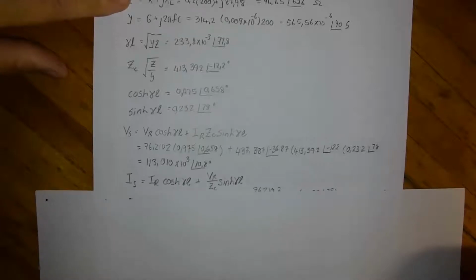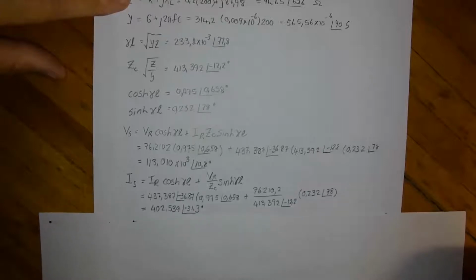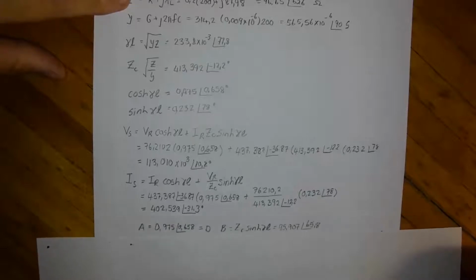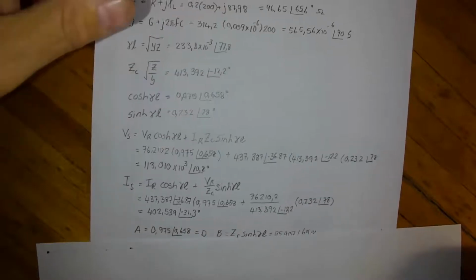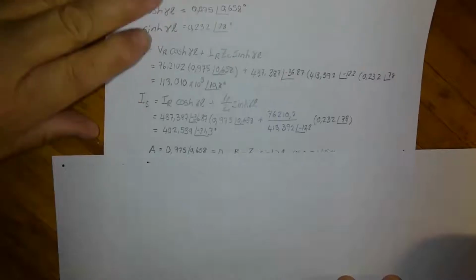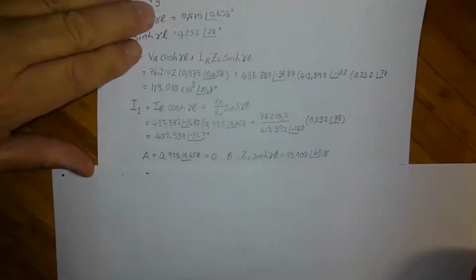Sending end current is IR cos gamma L plus VR over ZC sinh gamma L. And that gives us a value of 402.539 at an angle of 31.3. Then I wanted to calculate the power received, and we have A as 0.975 at an angle of 0.658.